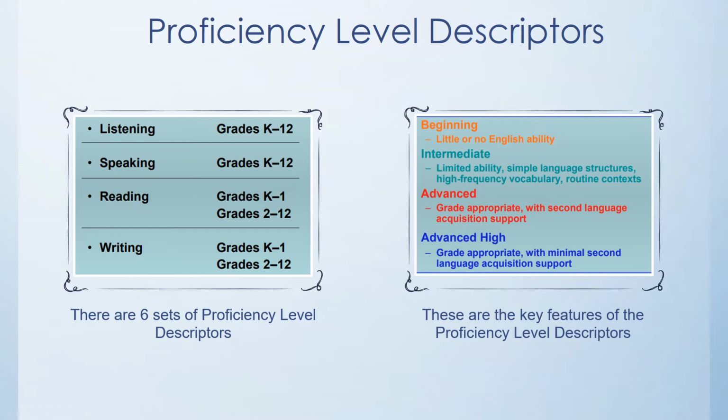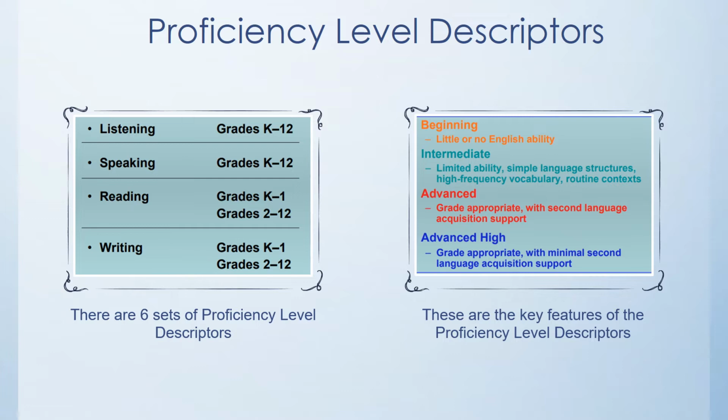A beginning student has little or no English ability. An intermediate student will have more English. Their ability is still limited. They use simple language structures, probably just sticking to present tense verbs. They do have that high frequency vocabulary and routine contexts.